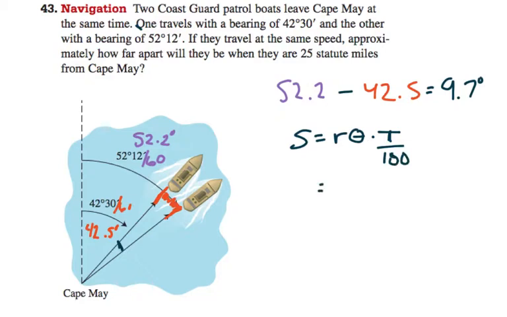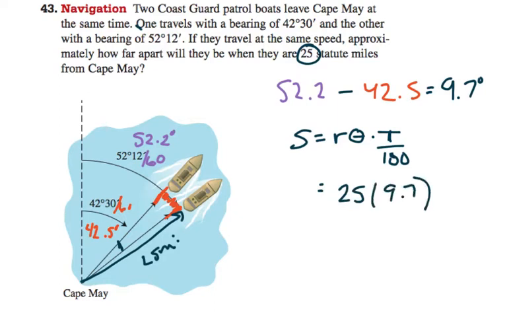So the r, they said, is 25 miles, so they've traveled 25 miles. The degree is what we just found, 9.7, and then times pi over 180 as well. That's going to get us our arc length in miles of that arc.